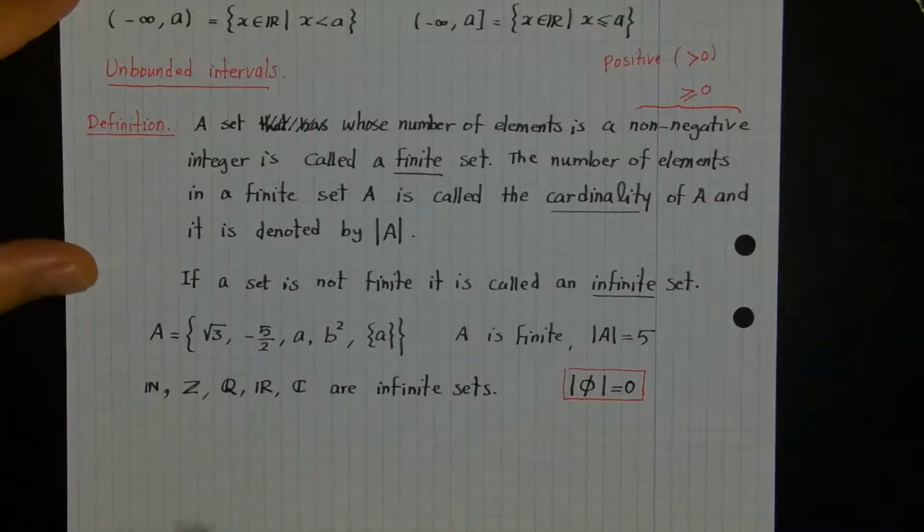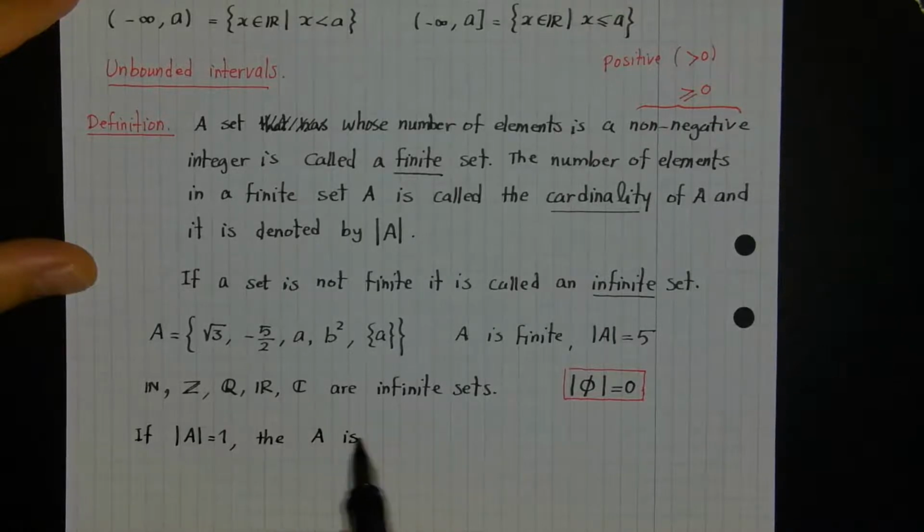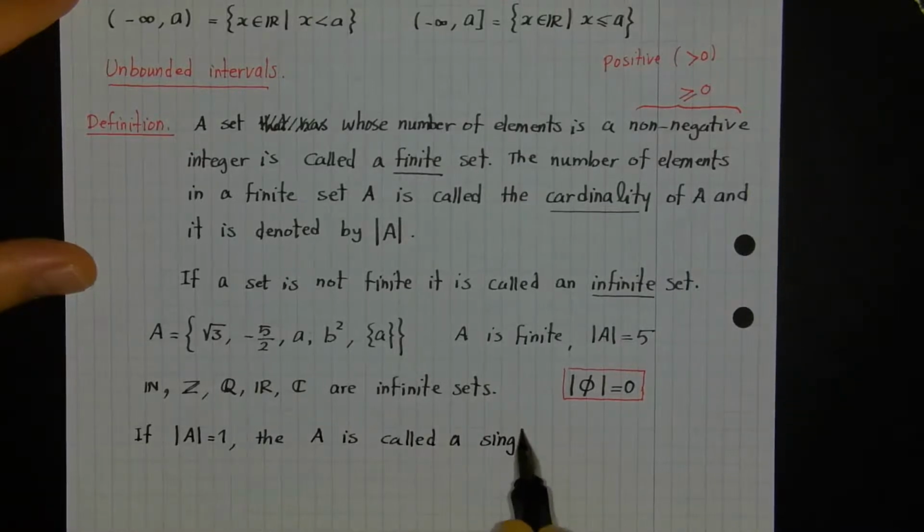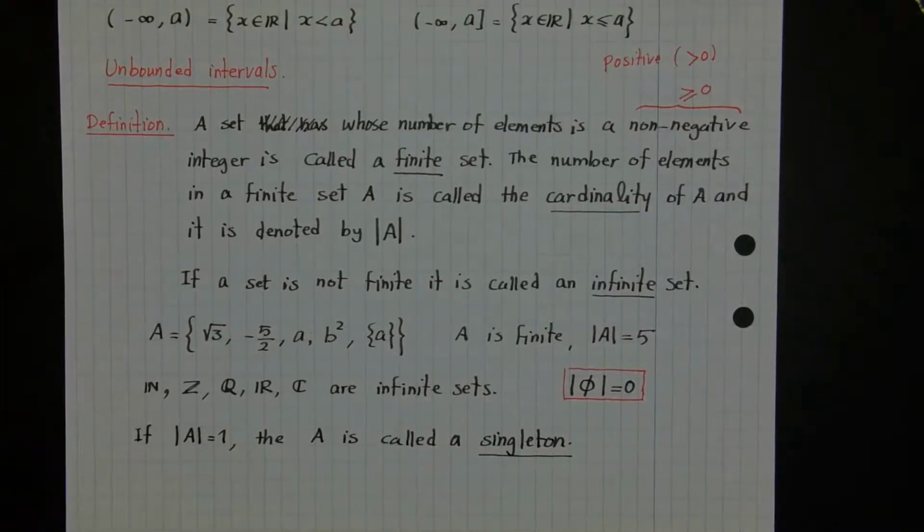There is also another notion: if the cardinality of a set A is equal to 1, then A is called a singleton. This you also need to know. A singleton is a set with exactly one element in it. For example, this set that I write here.